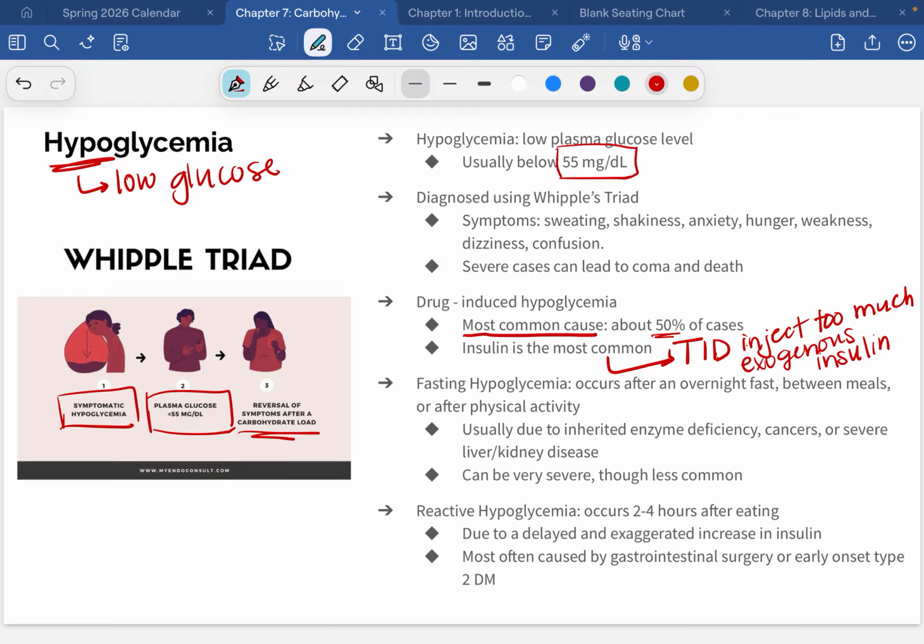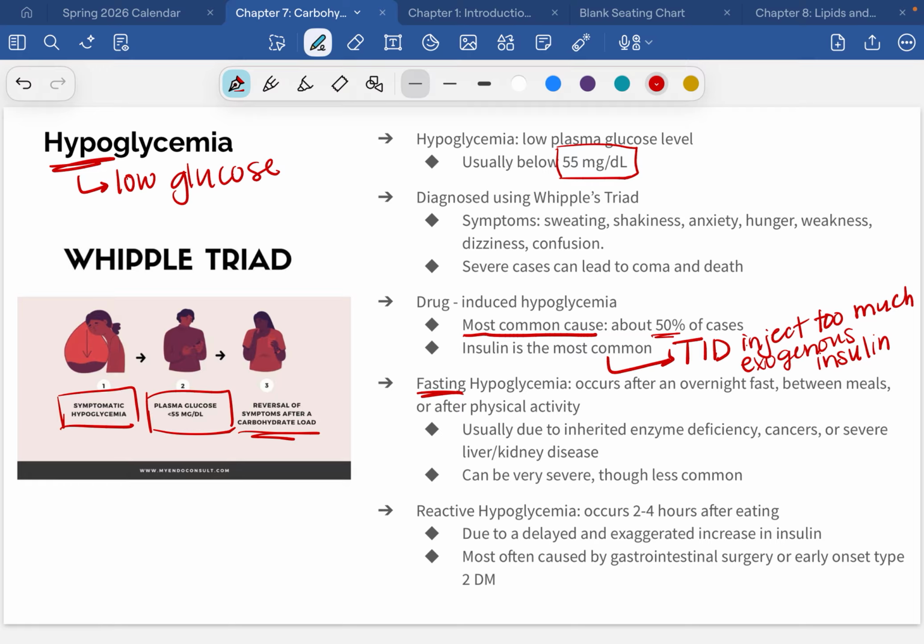Fasting hypoglycemia is something that occurs, as you might imagine, after a fast. It occurs after an overnight fast, between meals, or after physical activity. And this is usually due to some other type of syndrome, typically things like an enzyme deficiency, which is a genetic thing, cancers, or severe kidney or liver disease. Because as we're going to learn later, we try to separate these things out and talk about them one at a time, and it's never that simple.